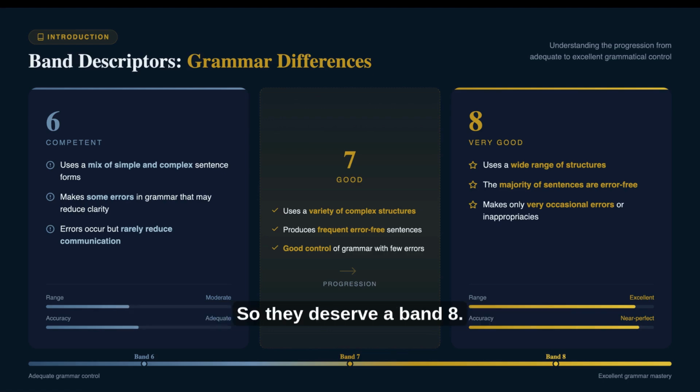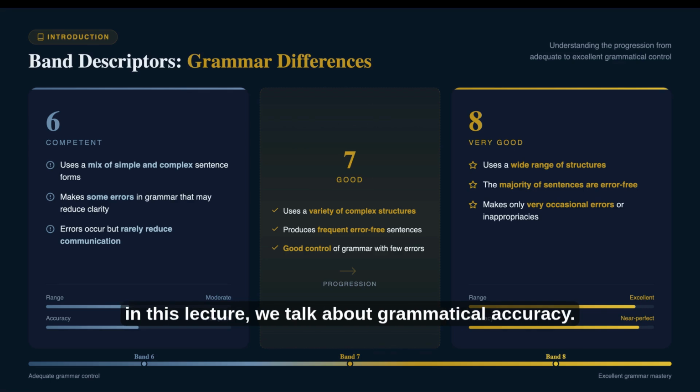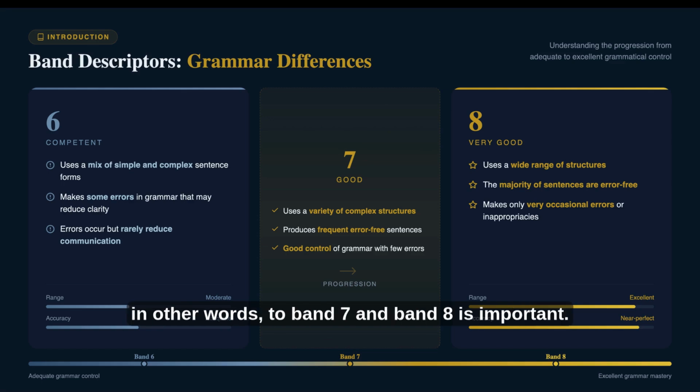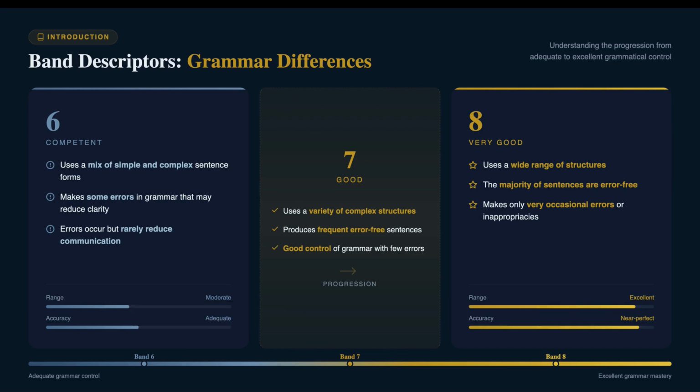So they deserve a band 8. So that is an excellent grammar mastery because in this lecture we talk about grammatical range and accuracy. Again, understanding the progression from adequate band 6 to band 7 and band 8 is important.